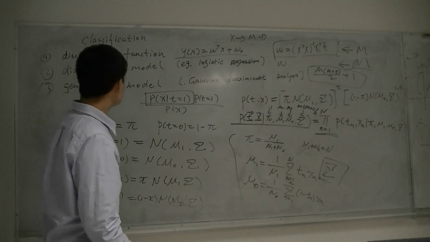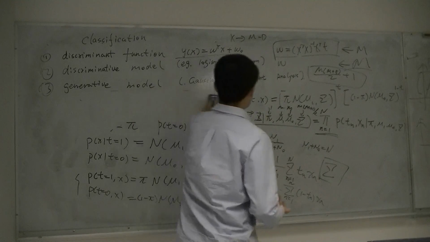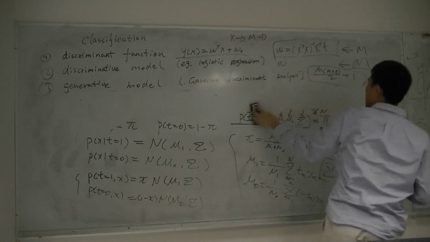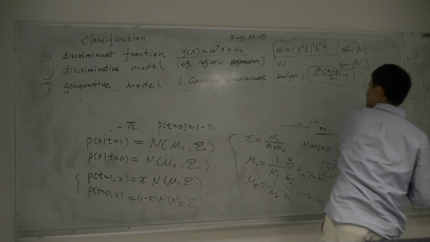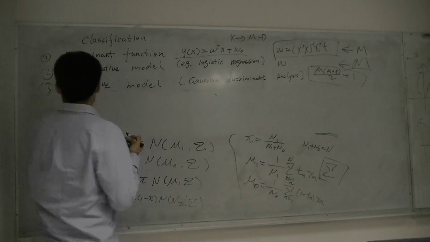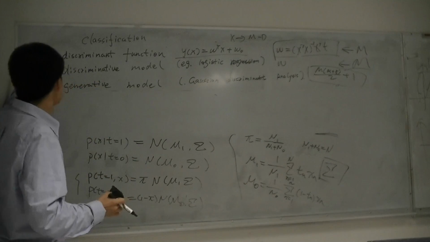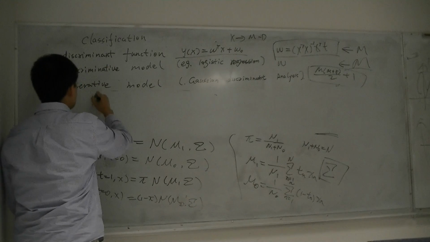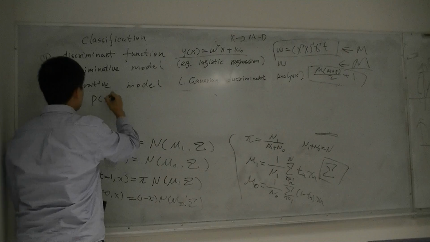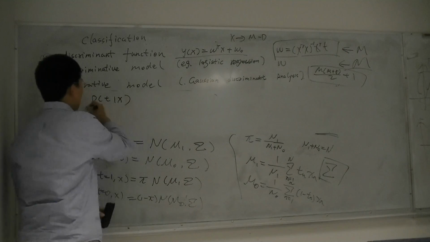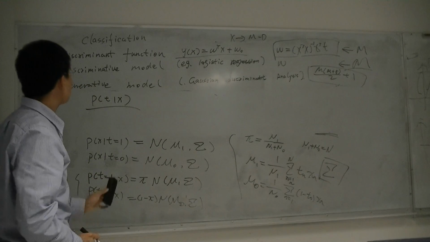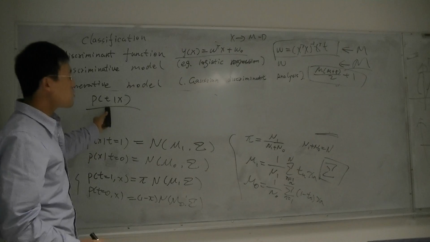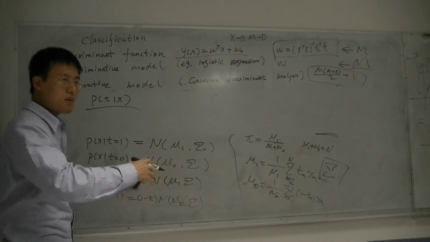And I will talk something more about the advantage of the last two methods compared with the first. So in the last two methods, we try to compute the posterior distribution. So it can be used in model combination.